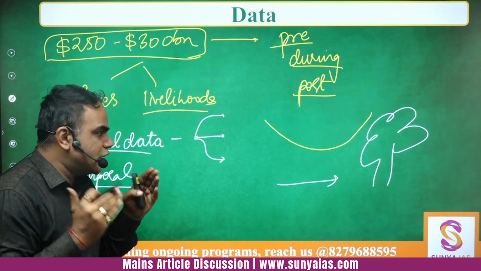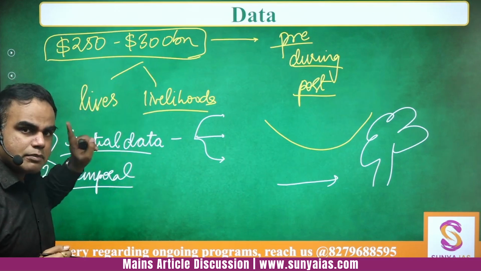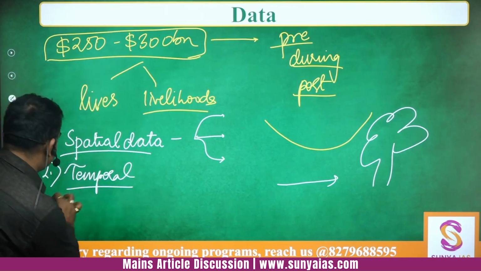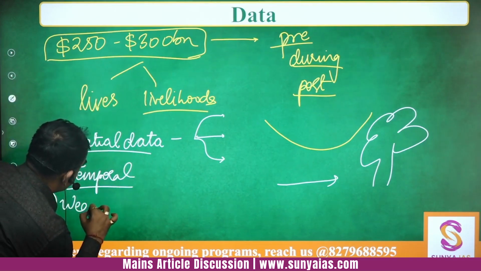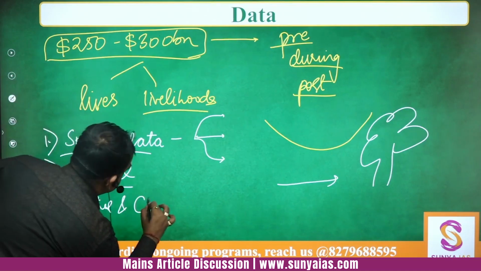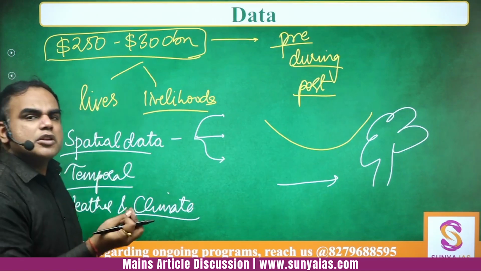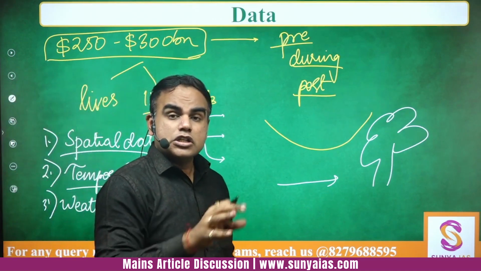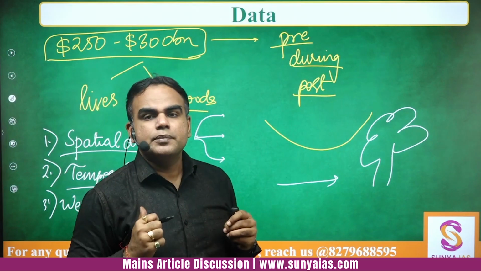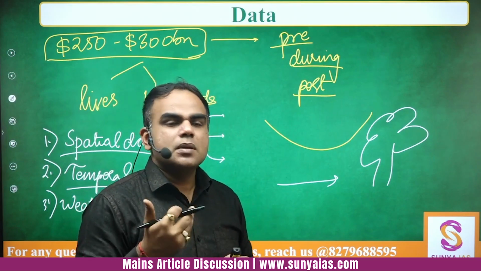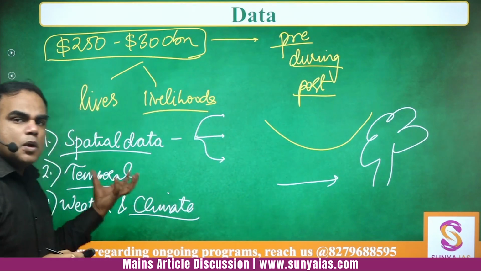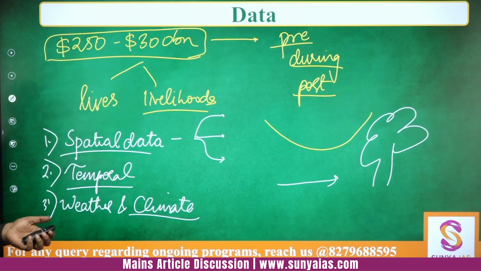So you have spatial data and temporal data. We can also talk about weather and climate data. Any particular region you want to observe remotely, you can capture a lot of images and analyze those images, and this will help you in better collection. So this is also something we can think about.